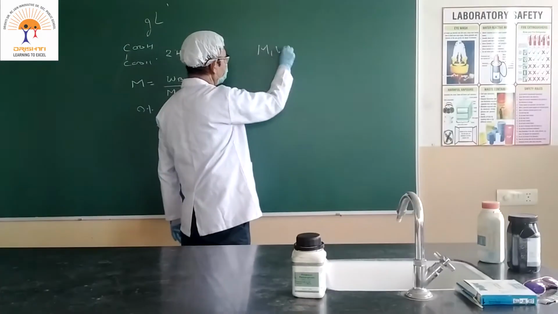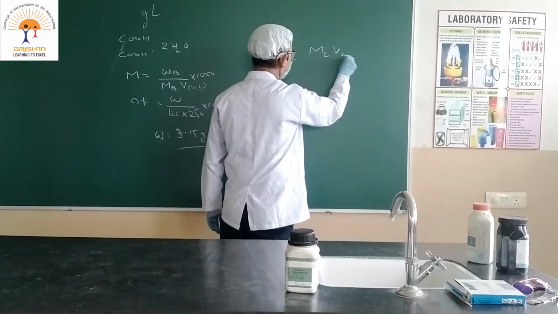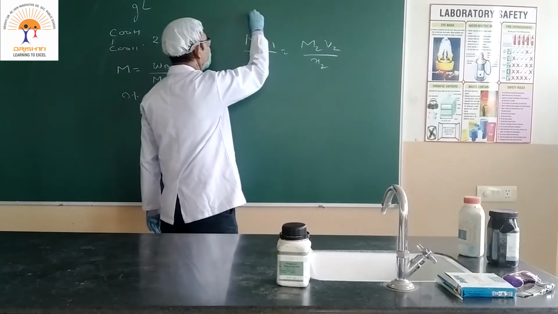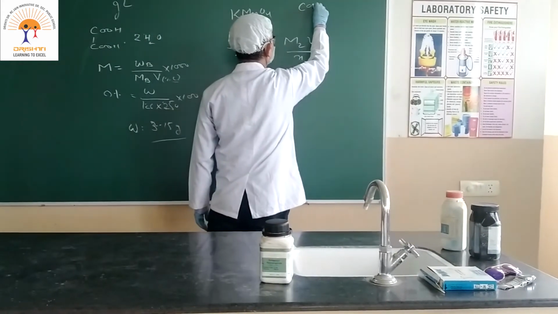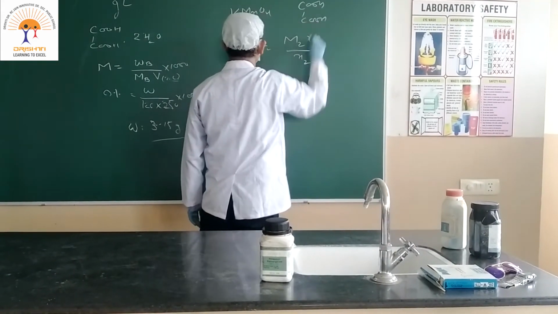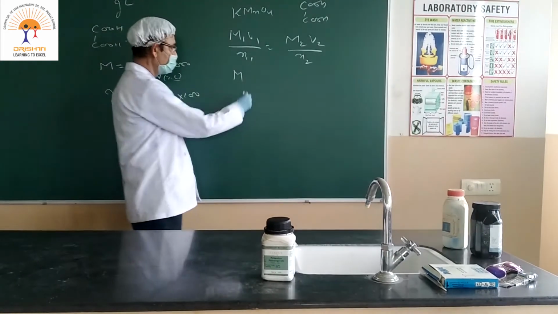So it's like M1 V1 upon N1 is equal to M2 V2 upon N2. This side is for the potassium permanganate and this is for the oxalic acid. The molarity of the potassium permanganate is to be determined.